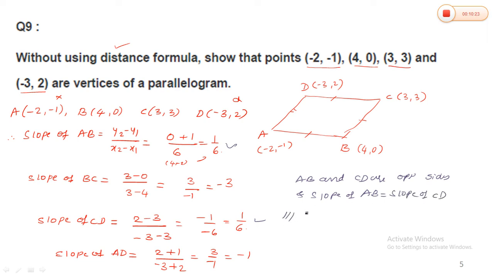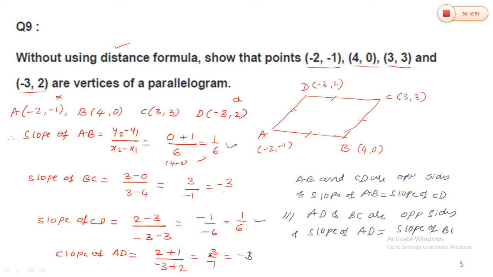Similarly, AD and BC are opposite sides, and slope of AD is equal to slope of BC. Slope of AD is minus 3.